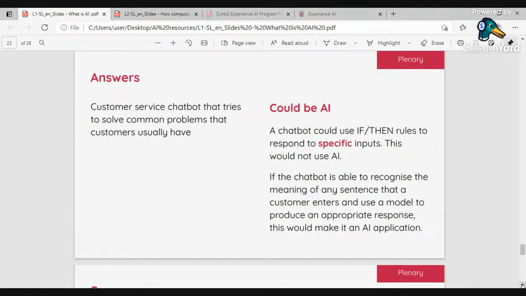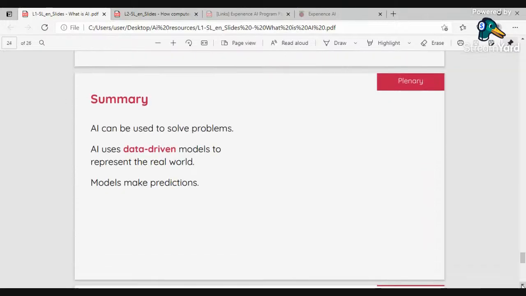But if the chatbot is able to recognize the meaning of any sentence the customer enters and use a model to produce an appropriate response, this makes it an AI application instead of rule-based. So it could be AI, and it could also be rule-based.